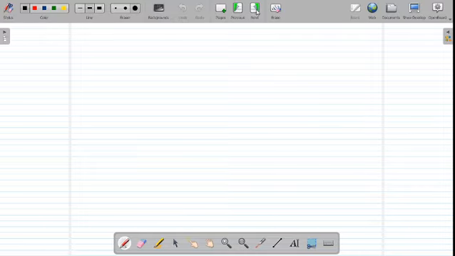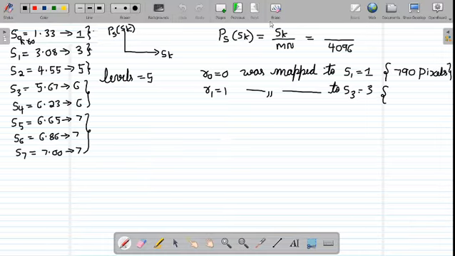So considering here, 3 was mapped to 1, so here it is having 1023 pixels.